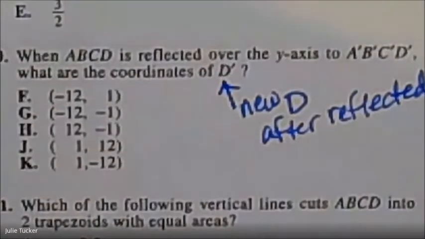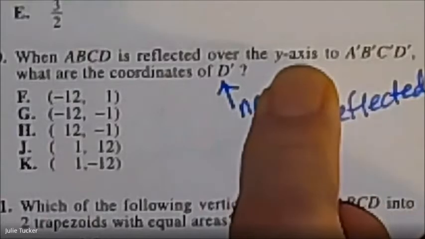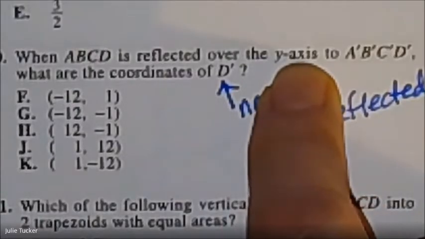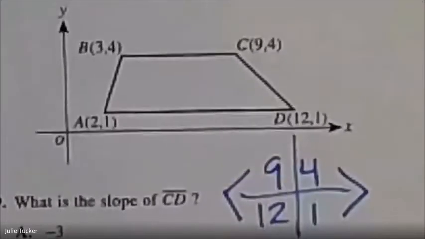Okay, so let's go look at the graph again. They want us to reflect it over the y-axis and tell them the new coordinates of point D after the reflection. Here's the graph.